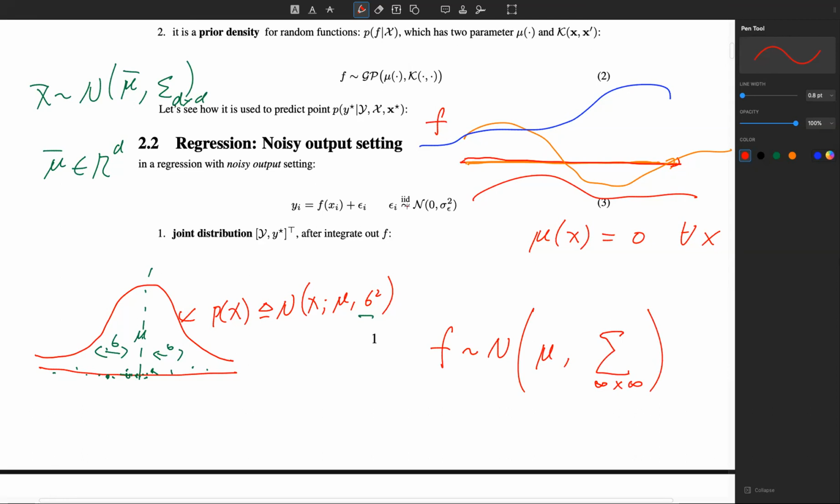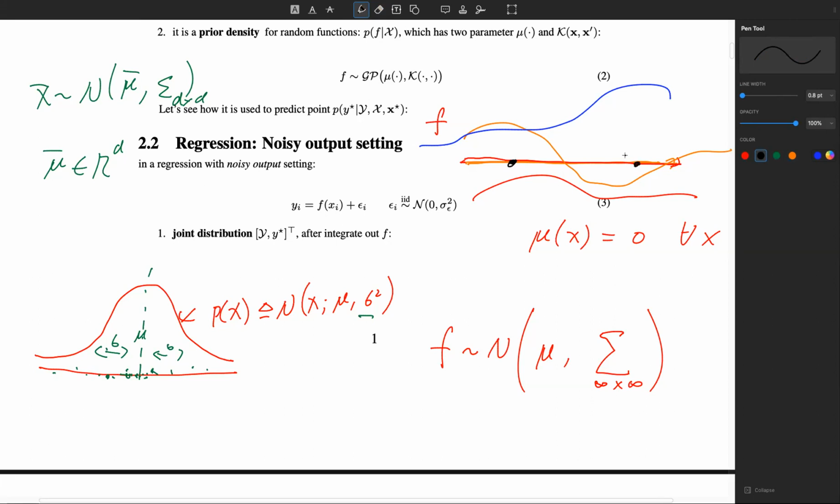So a Gaussian process is defined in another way: if we have a finite collection of data points, so let's pick 3. Let's pick this one, this one, and this one.